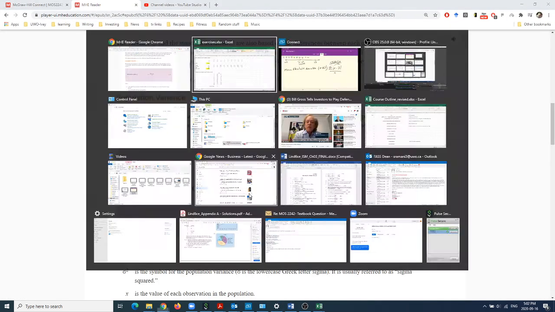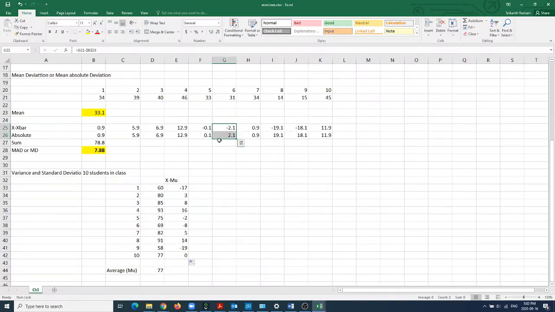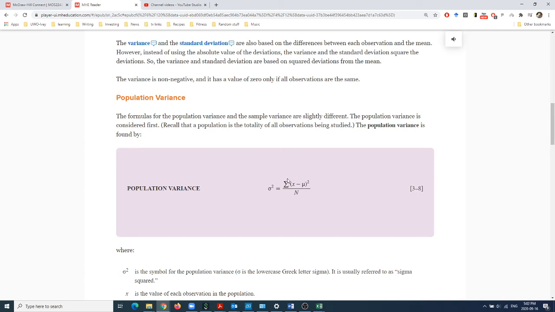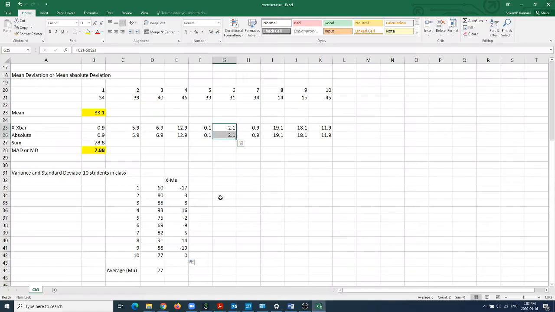And here, instead of the mean absolute deviation where you took the positive value, here you're squaring these differences. X minus mu, whatever the difference between the observation and the average value, you're squaring the difference.